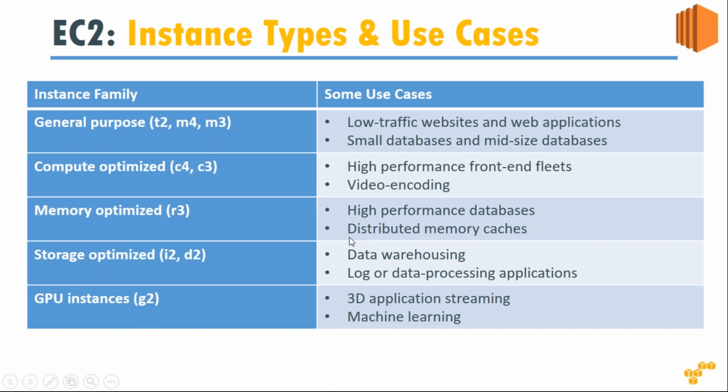If they are doing a lot of high memory databases and reports, streaming also comes into this category. Video encoding is converting from one format to another format. This is for streaming data from your database or your instances. So then you use an R3. Likewise, you have 3D, machine learning and so on. For each of them, you have a separate category of instance available.